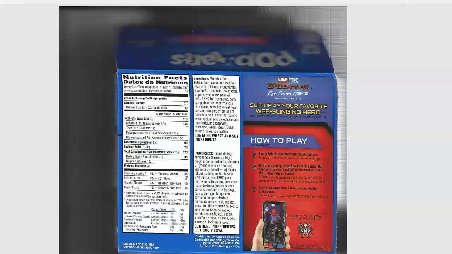This box has apparently 12 servings, or 12 Pop-Tarts. So they're looking at 1 pastry or 1 Pop-Tart, and each one of these Pop-Tarts is 210 calories. Total fat is 7 grams. Saturated fat, 2.5. There are no trans fats in the Pop-Tart.